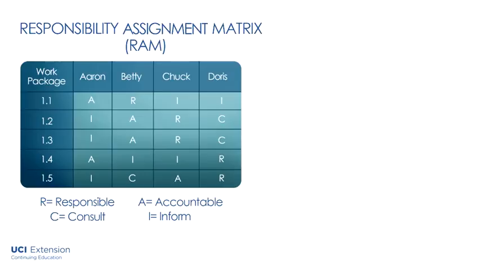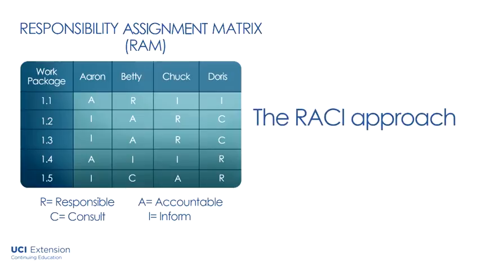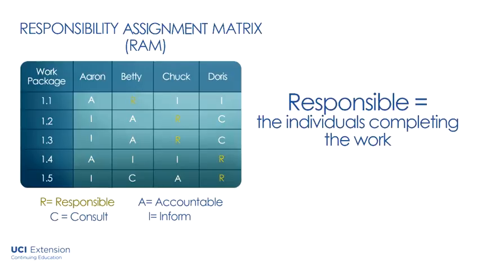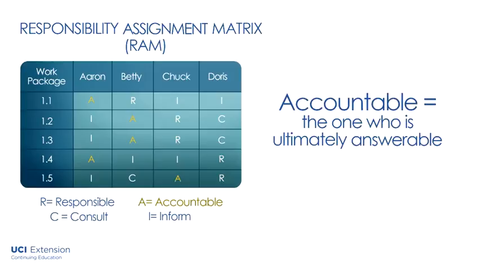The Project Management Institute recommends using what they call the RACI approach, R-A-C-I. This means that those who are assigned to a work package are either responsible, accountable, consulted, or informed. Those who are responsible are the individuals who are completing the work. The person who is accountable is the one who is ultimately answerable.